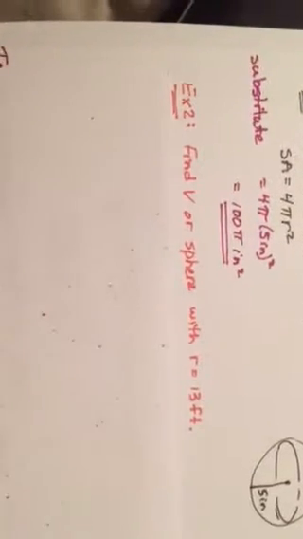If you wanted to determine how much material you needed to make the ball, you would have to have 100 pi inches squared for a 10-inch diameter ball.